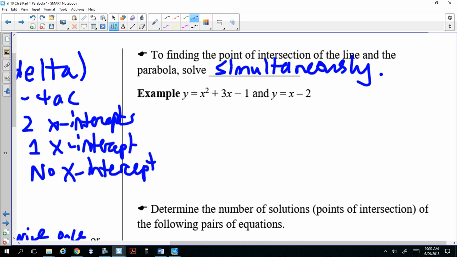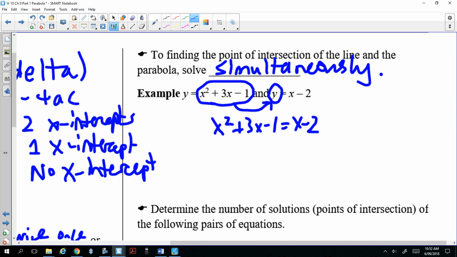So that means this y is now replaced by x squared plus 3x minus 1 equal to x minus 2. So we'll make them equal to each other. Move all terms to the left, which gives x squared plus 2x plus 1.